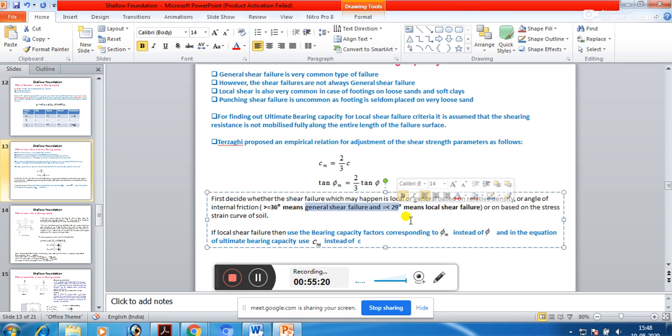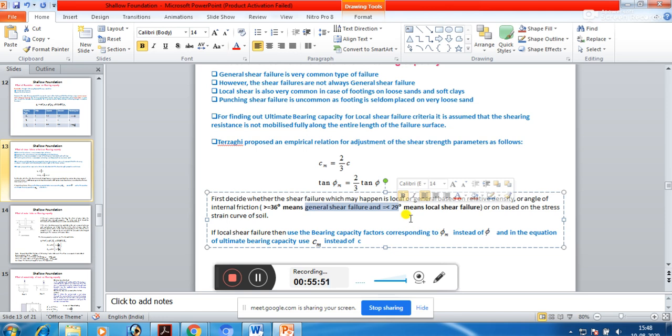Either you can assume it as a general shear failure criteria or as a local shear failure criteria. But actually in such kind of soil, ideally there will be a mixed mode of failure. That means there will be general shear failure mixed with local shear failure, and we will take up one problem to discuss this.